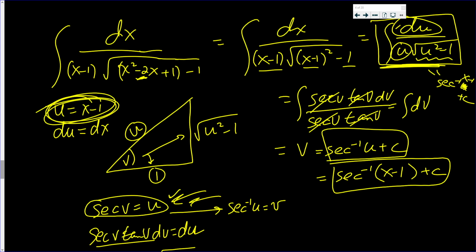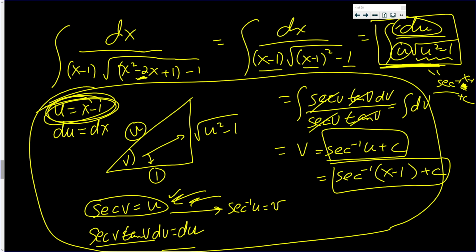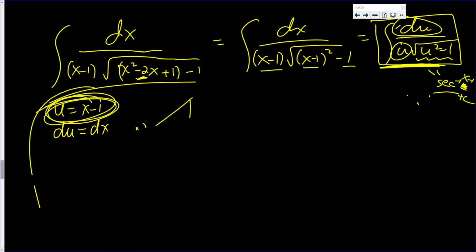The way I do it, you don't have to remember it. Okay, it takes a lot longer. I mean, I didn't have to do any of this if I remembered that this integral is secant inverse of u. And that I did make the substitution that u was x minus 1. Okay, I didn't need this part, but I did need that substitution.